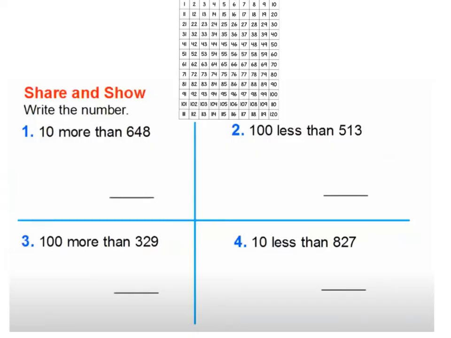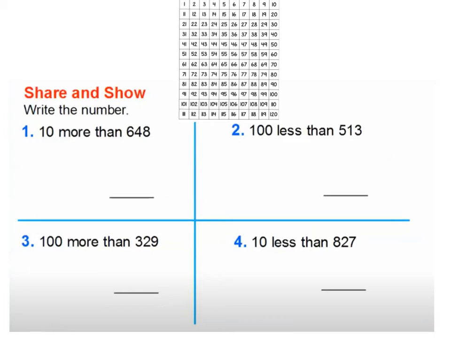Let's try the Share and Show section. I put a hundreds chart at the top, and the hundreds chart can be helpful for us to see when we are counting on or back by tens. Not as helpful with hundreds. So let's look at number 1. 10 more than 648.